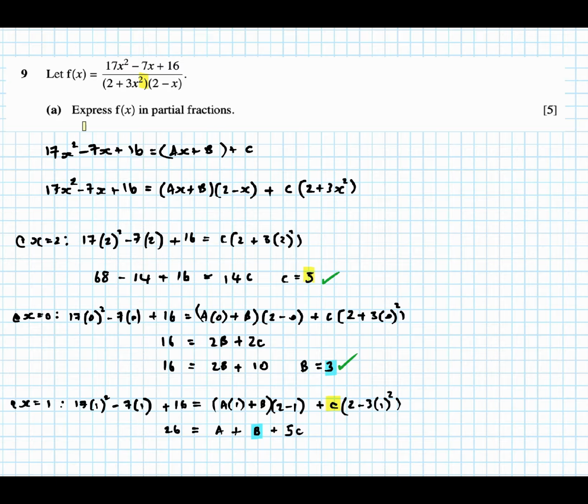There we go, and C as well in yellow. A is equal to minus 2. Okie doke. So, minus 2x plus 3 all over brackets 2 plus 3x squared, and then plus a separate fraction 5 over 2 minus x.